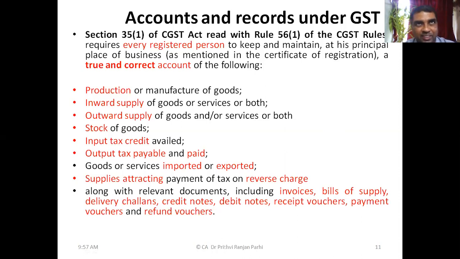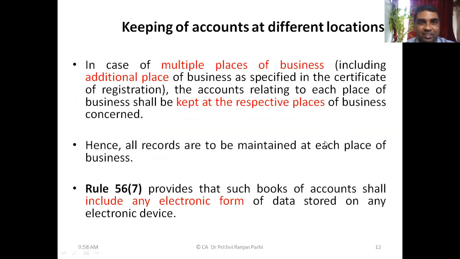Okay, did you understand this? Now, where do these accounts, these records, have to be kept? At the place of business. If the business has multiple places of business, then they can be kept at the respective places. It's not necessary that everything has to be kept in one place.